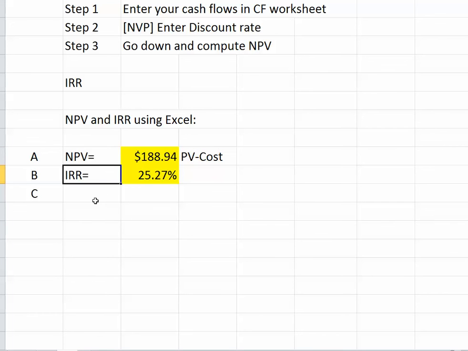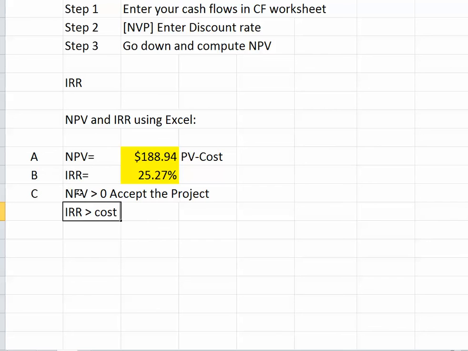Okay, so according to the net present value rule, if NPV is greater than 0, accept the project. If you talk about IRR, if IRR is greater than the cost, which is WACC in this case, you are making more than your cost.